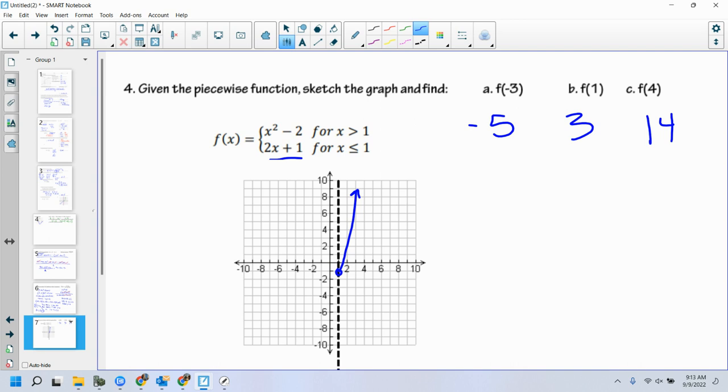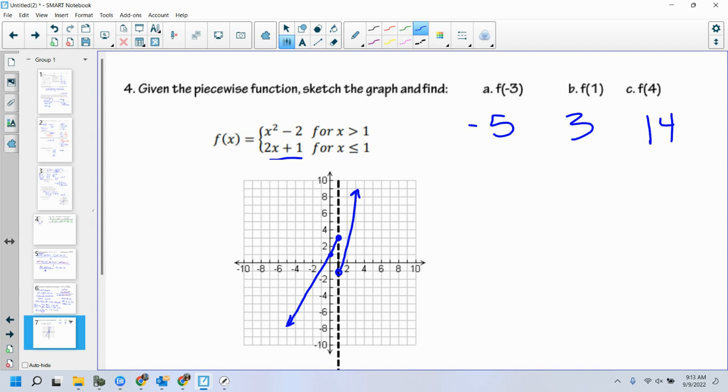And then we have the 2x plus 1. That one should be super easy. Y-intercept of 1, slope of 2, up 2 over 1. And that one should have the closed circle. That's what that one should look like. Mine doesn't look like it curves a lot, but it's quadratic, so it should curve.